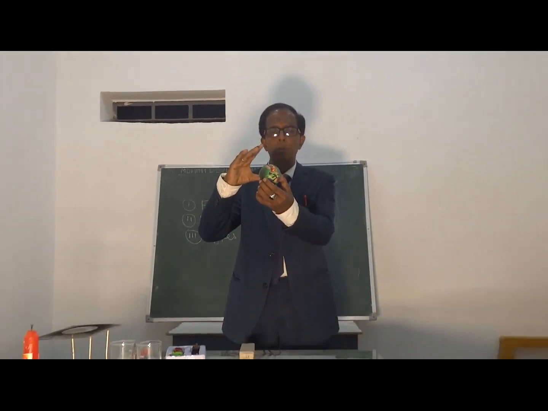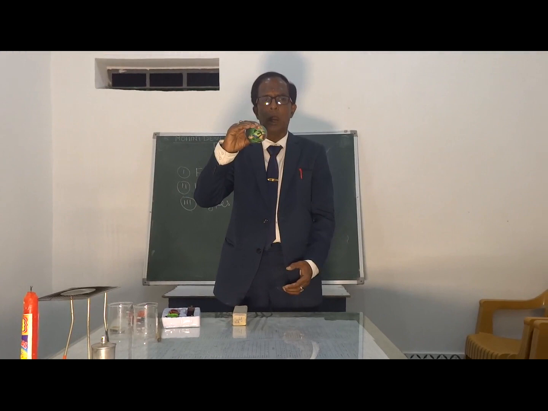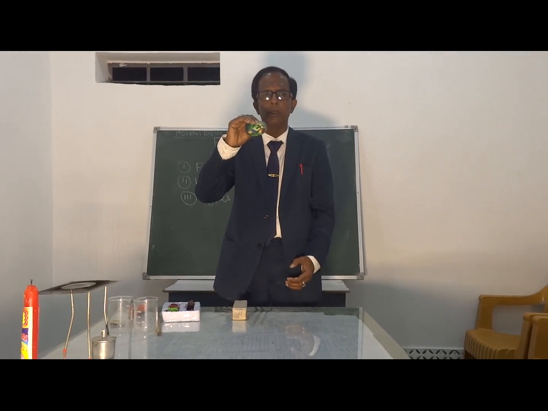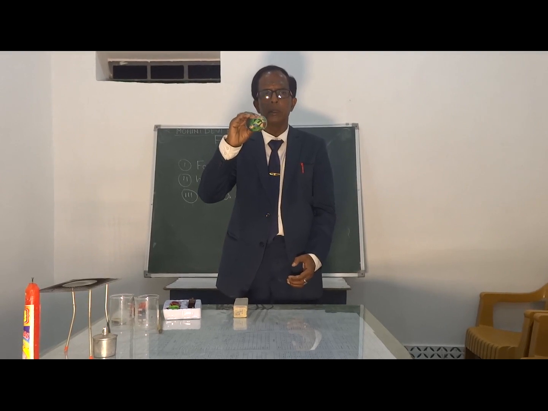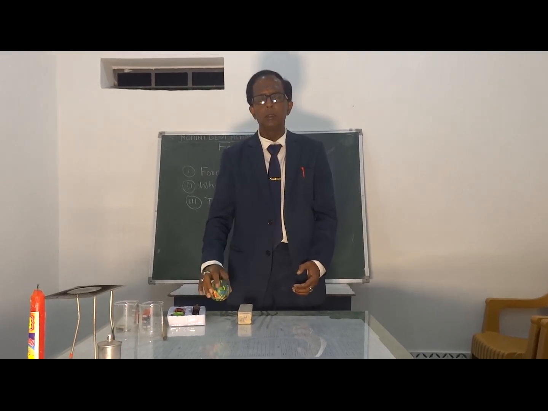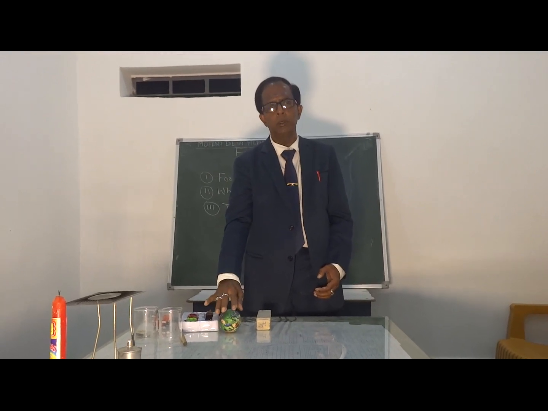It means when the muscular force comes in contact, it starts to act on the object and there is some change in the object. These are the two examples of contact force.